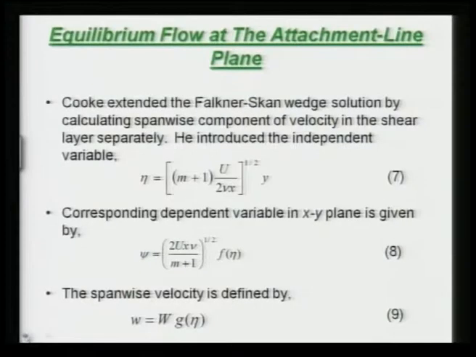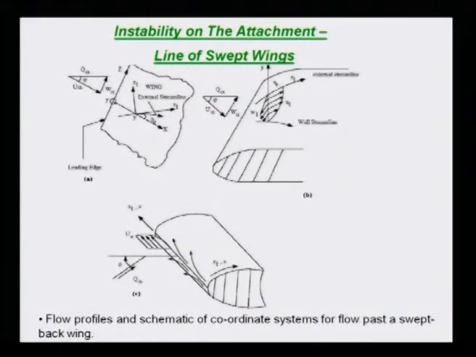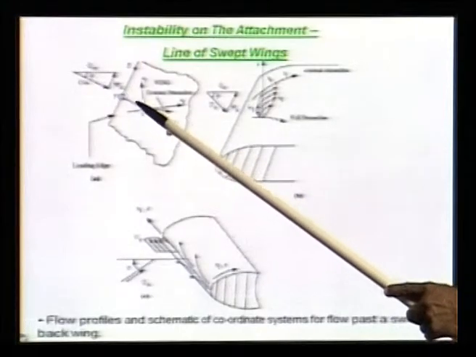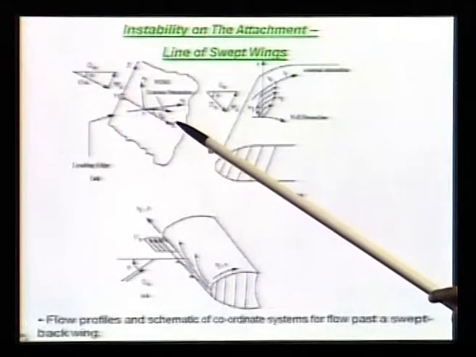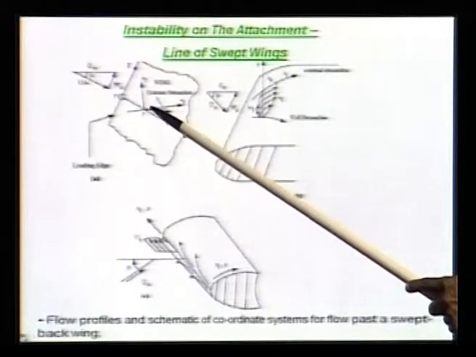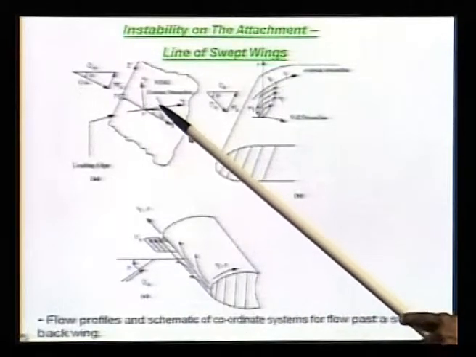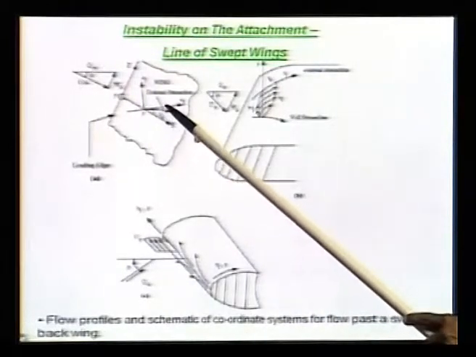So, let us go back and take a look. That is what it is. If you look at the plan view, this is your wing-fixed x axis, and this is the projection of the external streamline on the plan view. So, this theta naught is the angle between the two.